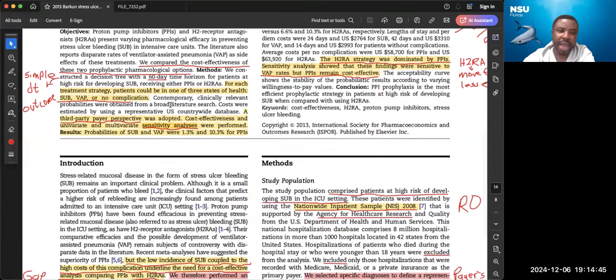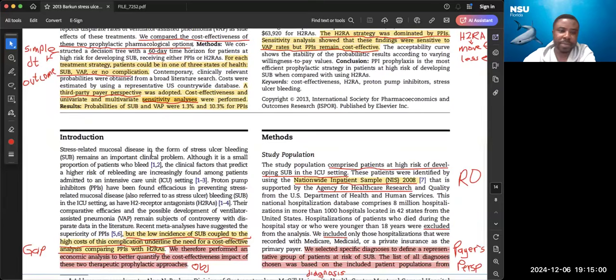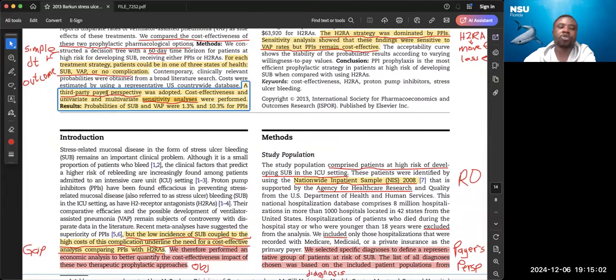Okay. And they were grouped into 3 disease states: those with stress ulcer bleeding, ventilator-associated pneumonia, and those without complications. They also took the payer's perspective. There are 5 types of perspectives: the payer, the employer, the provider, the patient, and the societal.